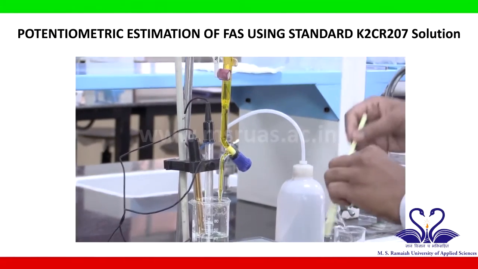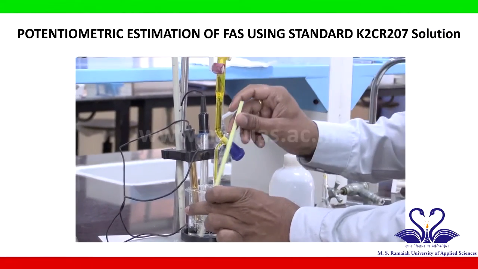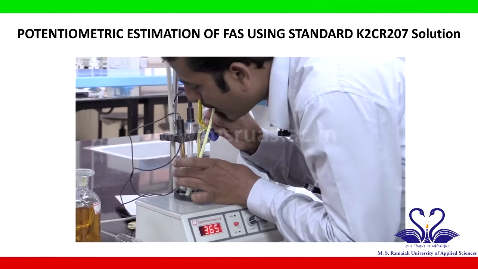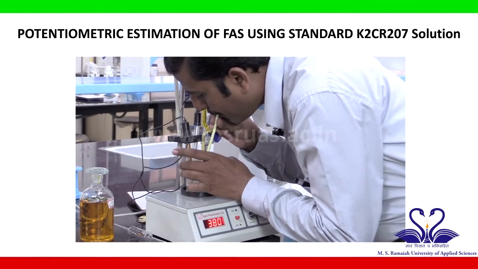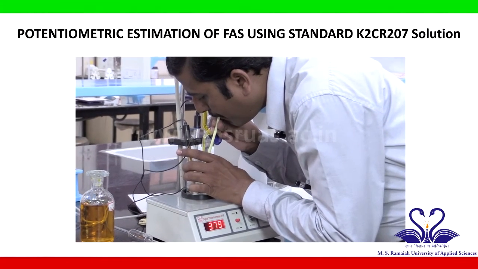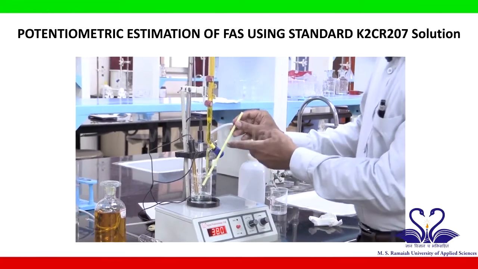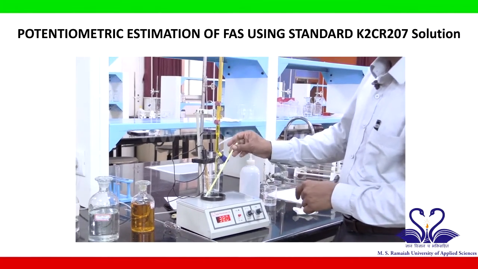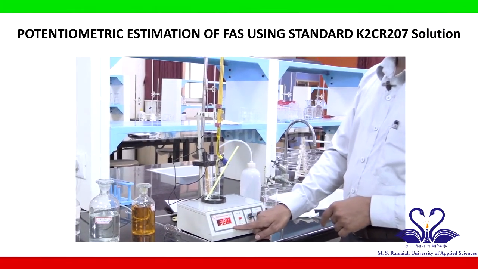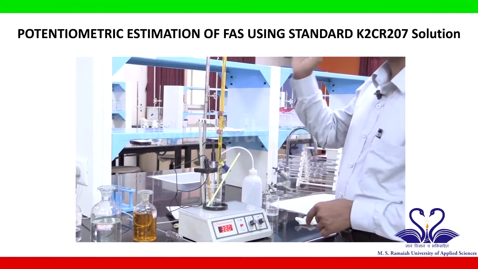So 0.5 ml is added. Each time we have to mix well. We are using a plastic straw to mix the solution. We can record the potential value for this reading.